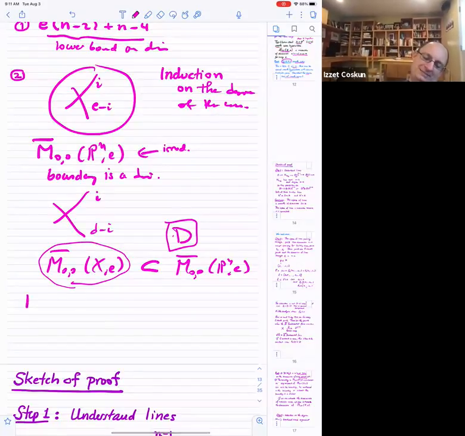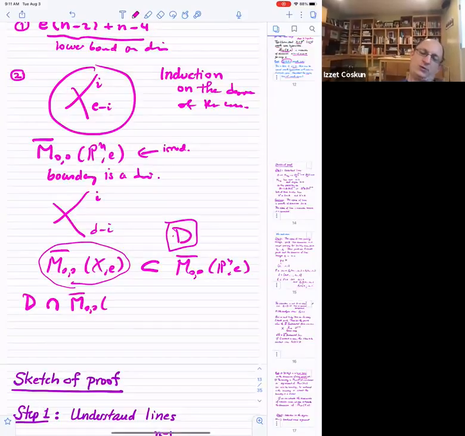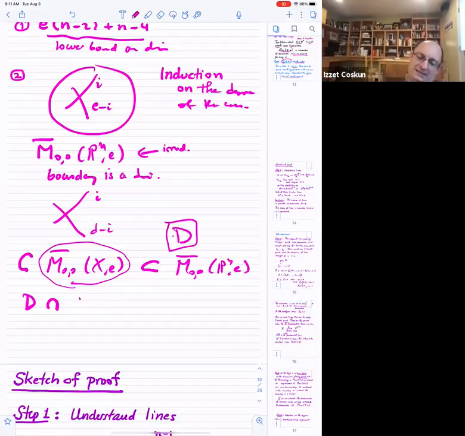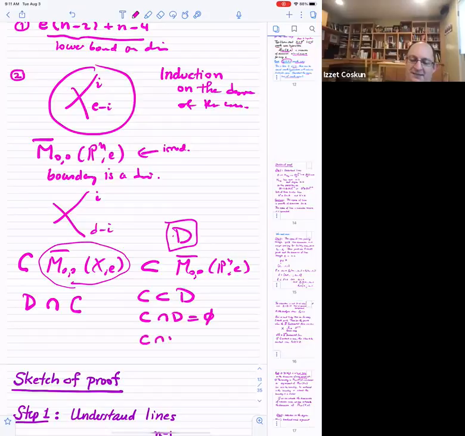In other words, what that says is that D intersect this M00 of X, or a component. Let's say that we have a component in here. D intersect this component can be 2 things: D can contain it, D could be disjoint from it, or the component intersects D as a divisor.